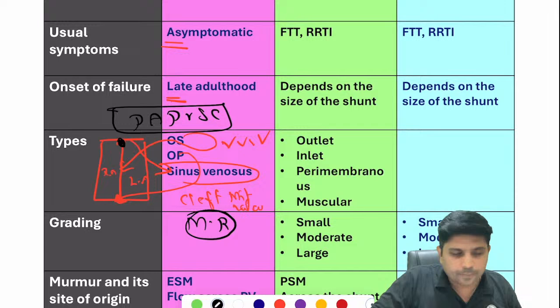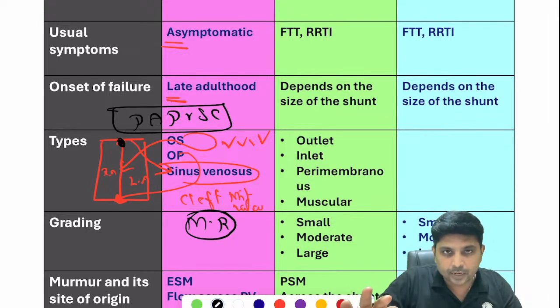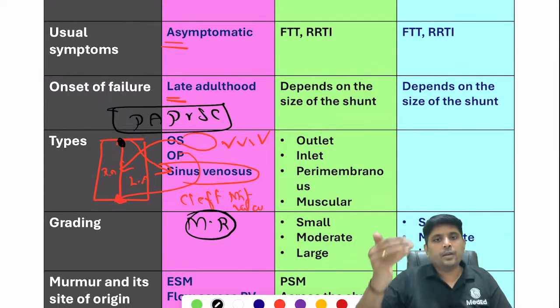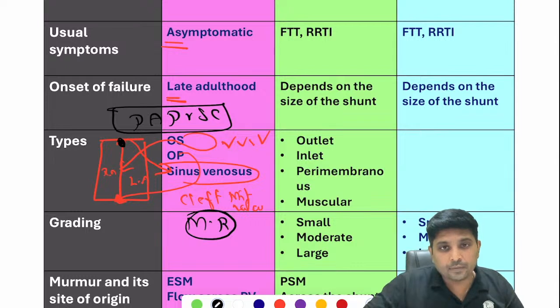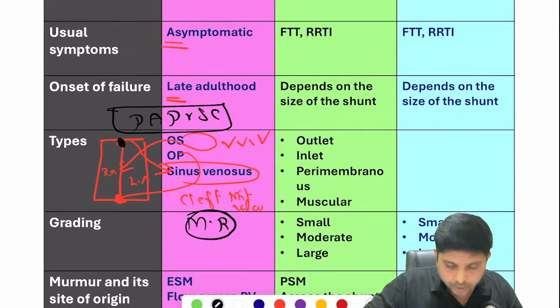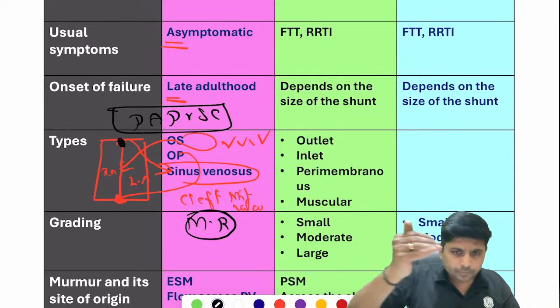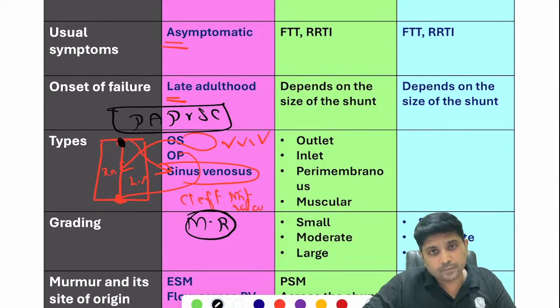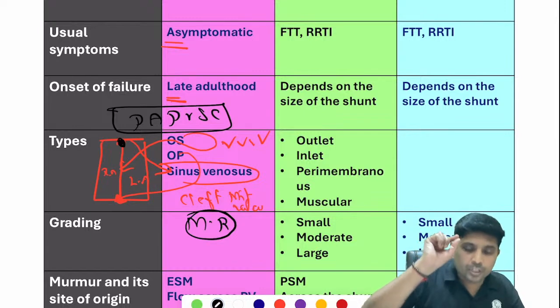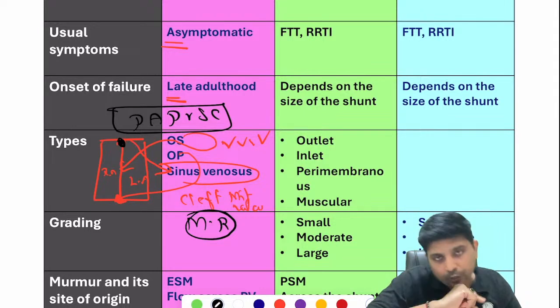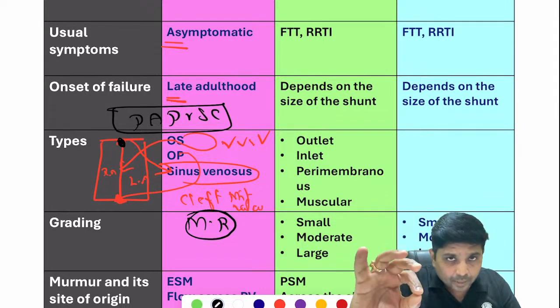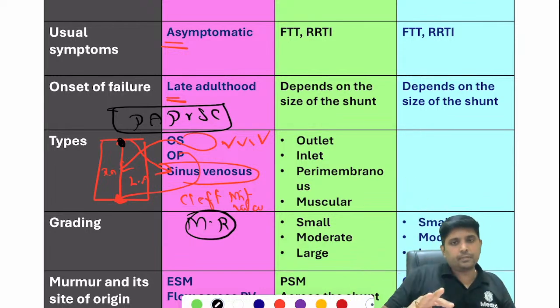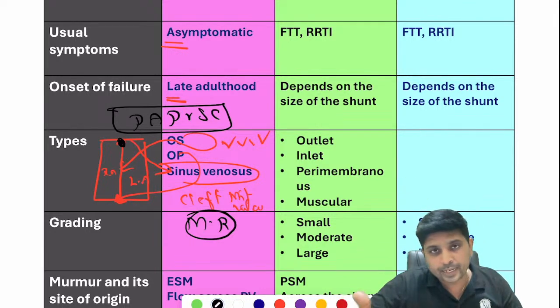So what are all the three types of ASD? The three types of ASD are ostium secundum, middle part; ostium primum, lower part; sinus venosus type, upper part. Sinus venosus type is associated with partial anomalous pulmonary venous connection, whereas ostium primum will be associated with cleft mitral valve. So even when the sinus venosus type and ostium primum type are asymptomatic, there are associated underlying heart lesions.